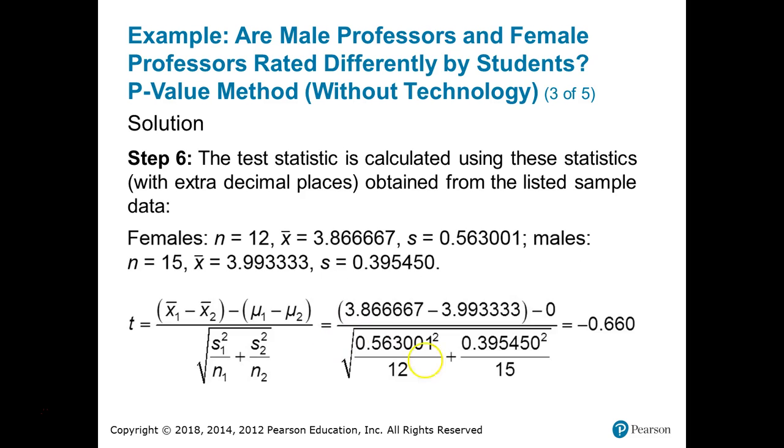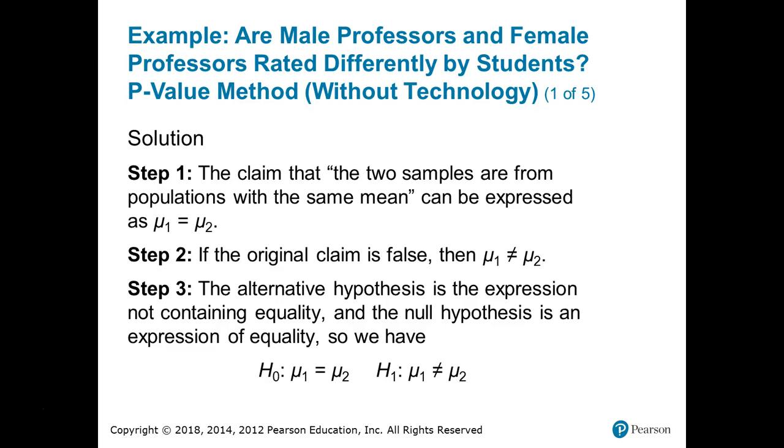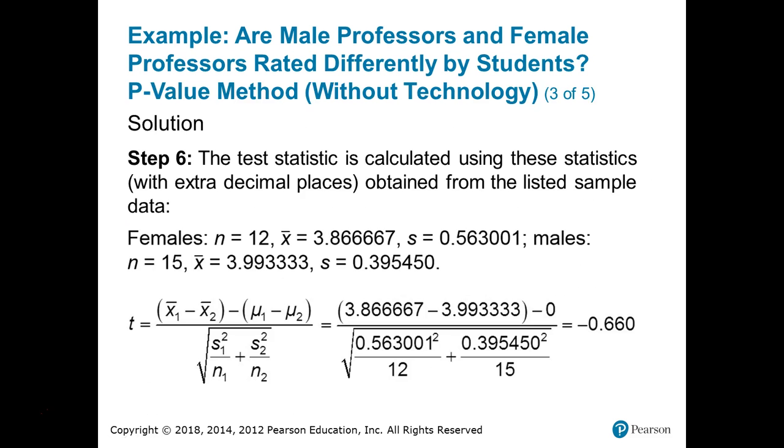So we have our large formula right here, and then we have to use our data points over here, and we're going to have to get our sample mean and our sample standard deviation for both of these. So you should know how to do that with your calculator. You can either do that with StatCrunch, which is easy, or I always like using my TI-84, but either way is fine.